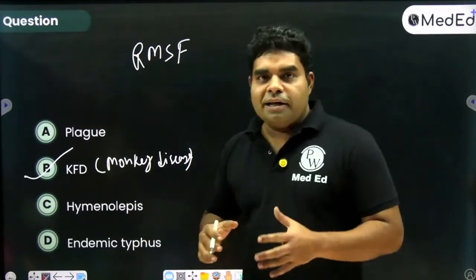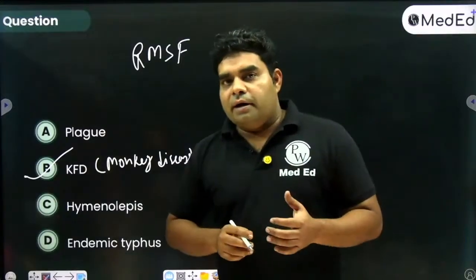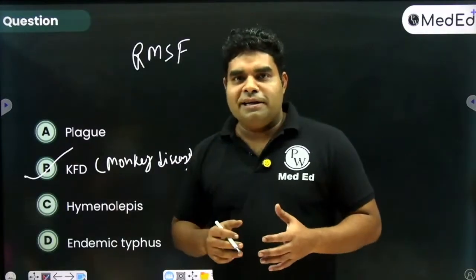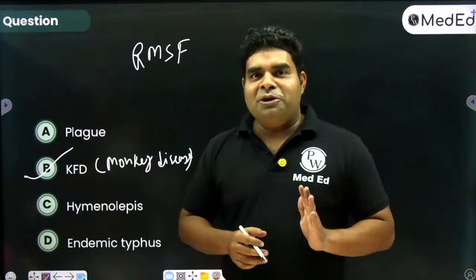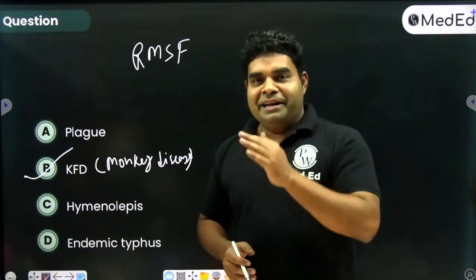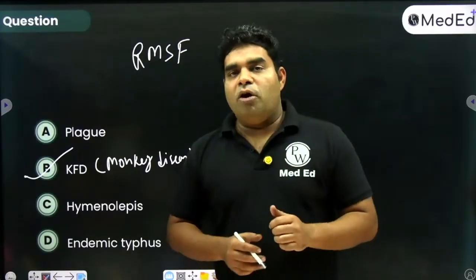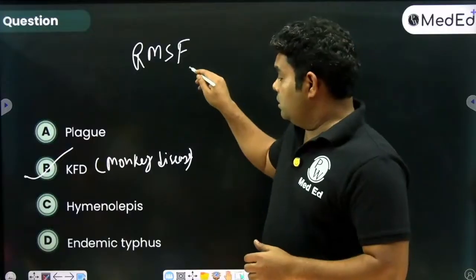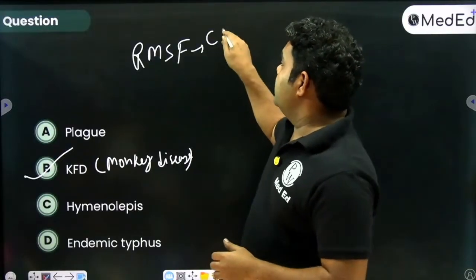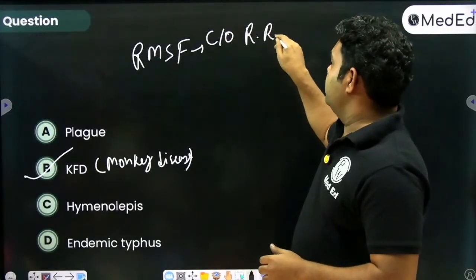Anyway, Rocky means hard, and I used to think of it like this, that Rocky is some adventurous guy who likes to climb the mountain again and again, because the causative organism of Rocky Mountain spotted fever is Rickettsia rickettsii.